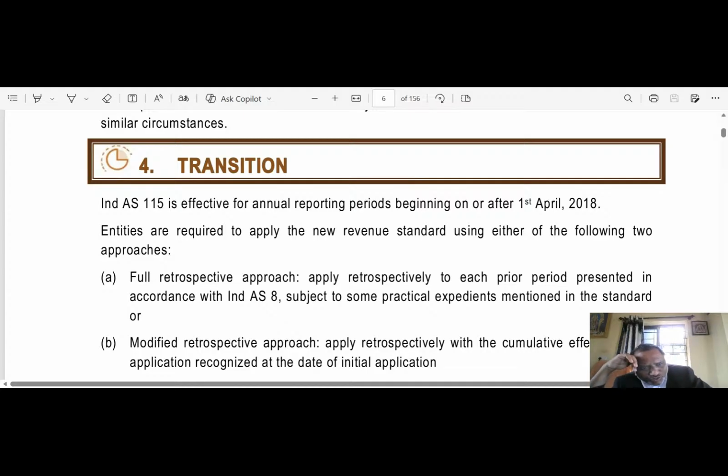IND AS 115 is effective for annual reporting periods beginning on or after 1st April 2018.